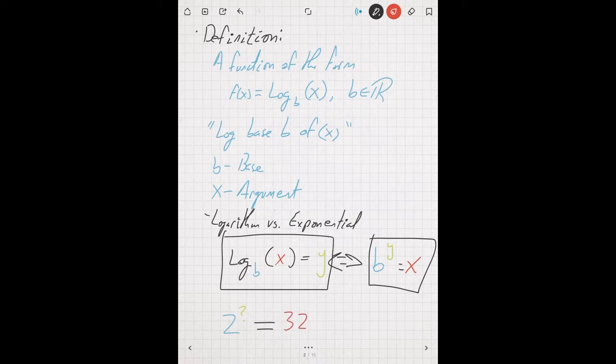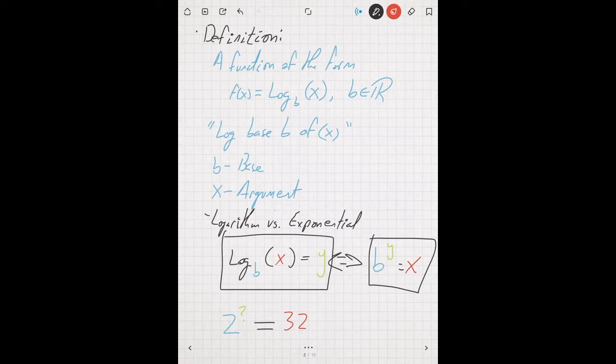I'm just making up an easy example right now. I know that 2 to some power would have given me 32. But how would I have been able to determine what that exponent was? How would I know 2 to what power got me 32?